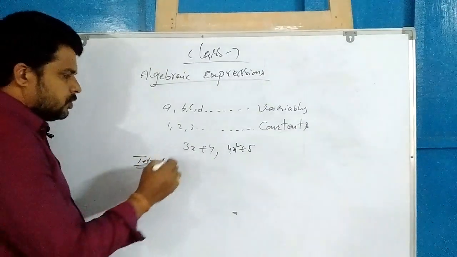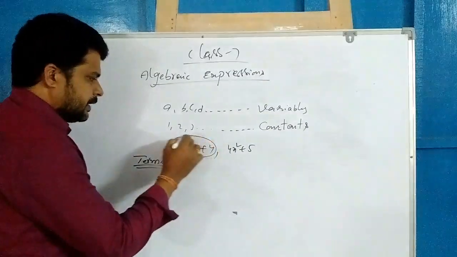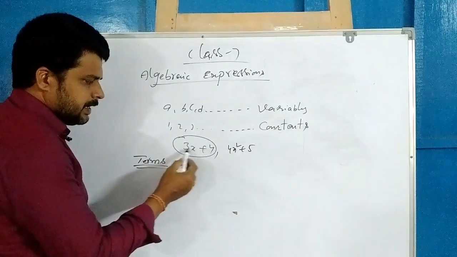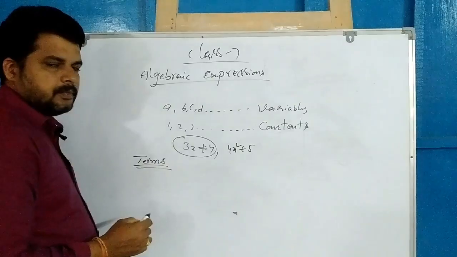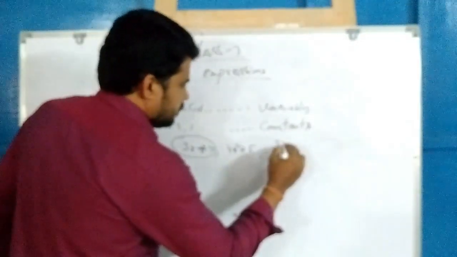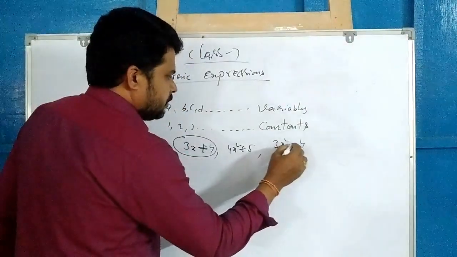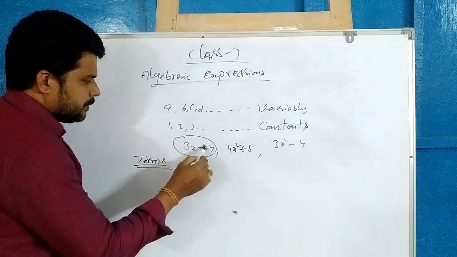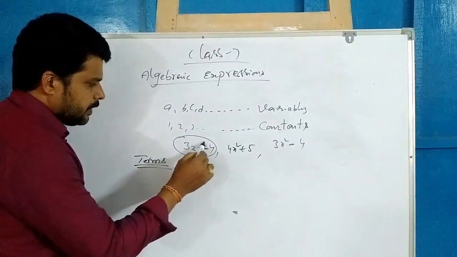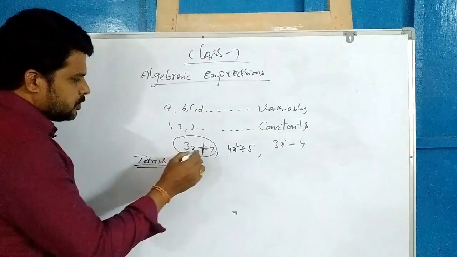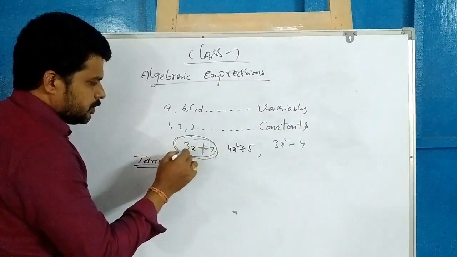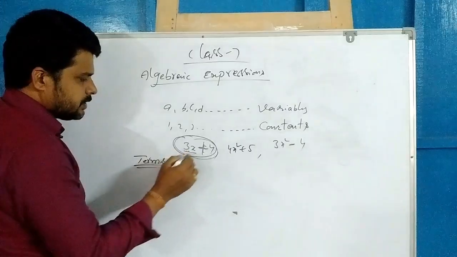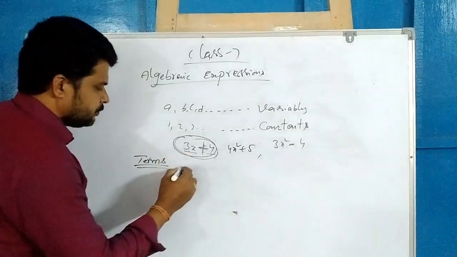Terms. So, this is an algebraic expression, combined with an addition symbol, or 3x square minus 4, with a minus symbol. These two are combined with an addition symbol, so this algebraic expression is divided into two terms. 3x is one term, 4 is another term.